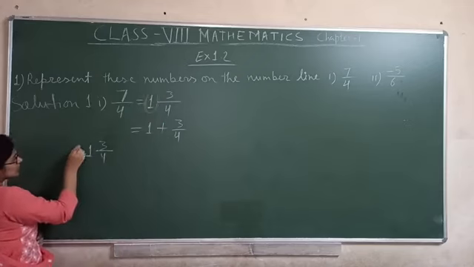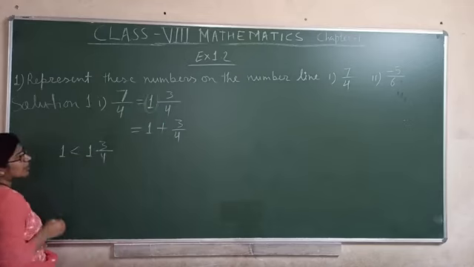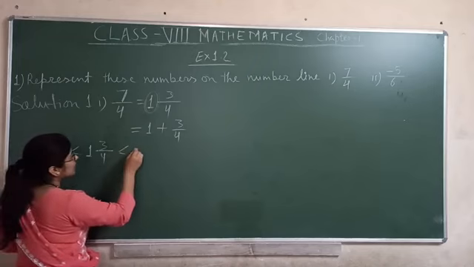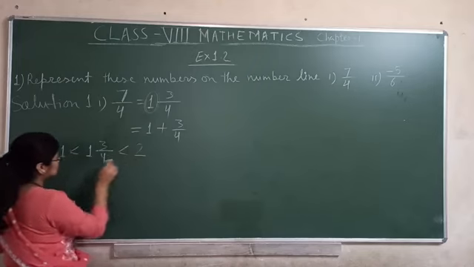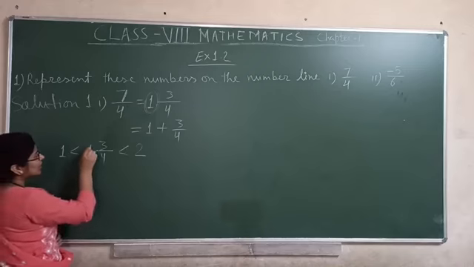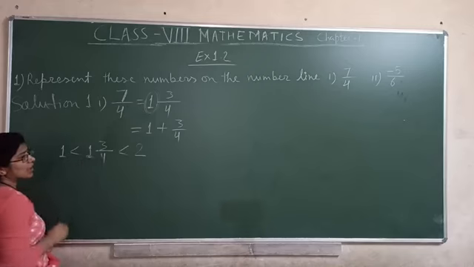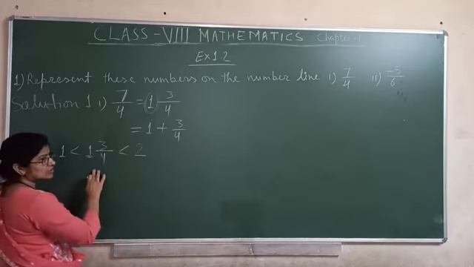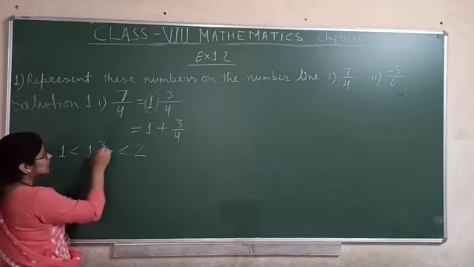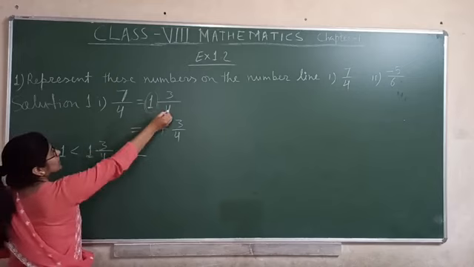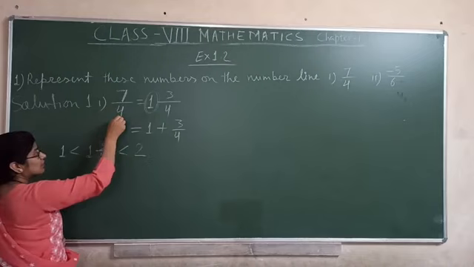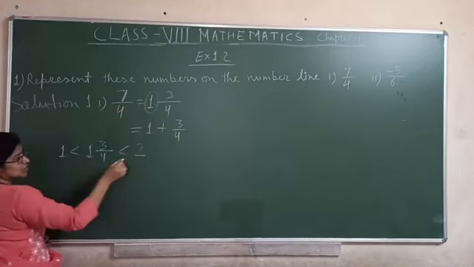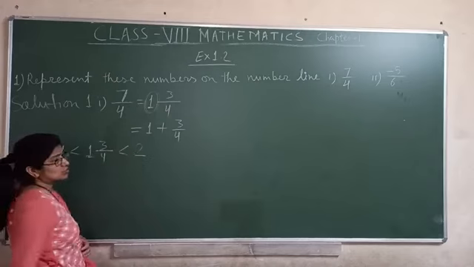So this number will be greater than 1. But it will be less than 2. 1 यहाँ पे whole है. तो ये 1 से तो बड़ा होगा, लेकिन 2 से छोटा होगा. 1 whole 3 by 4, and this one equals to 7 by 4. So 7 by 4 also lie in between 1 and 2.